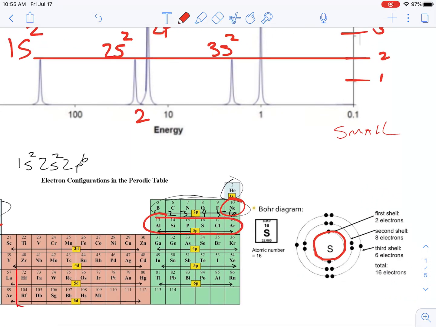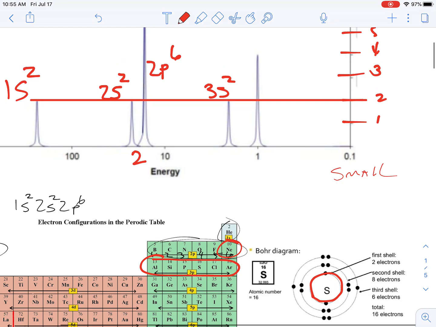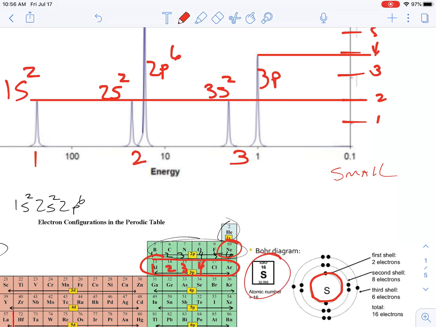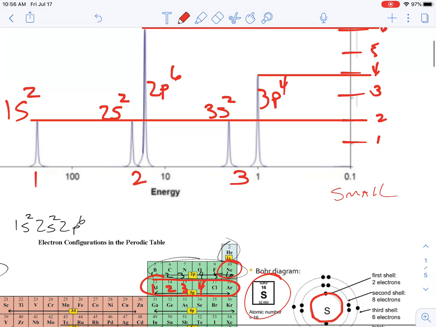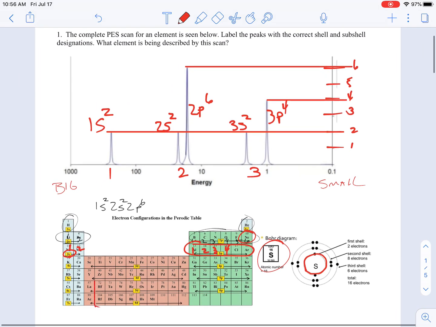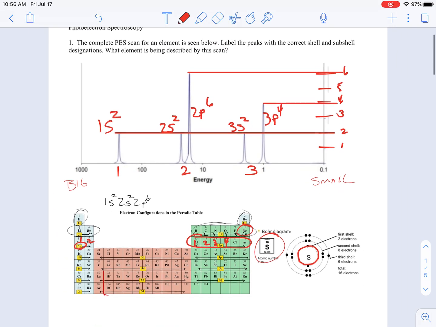And then finally, our next ones that are here are in the 3p zone. So again, this is your third energy level, first, second, third. So this is going to be your 3p, and apparently we get up to 4 here for this guy. And so 3p4, 1, 2, 3, 4, which is why this guy is sulfur. So this guy is 3p4.